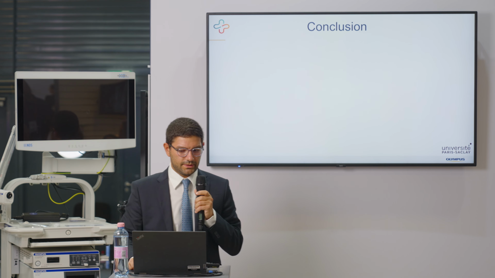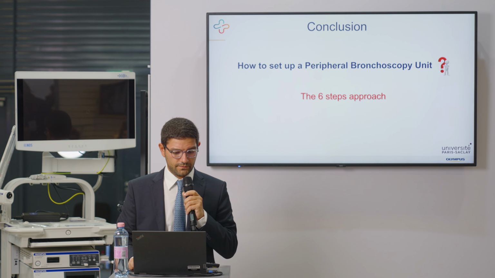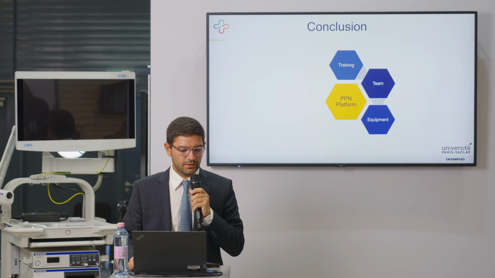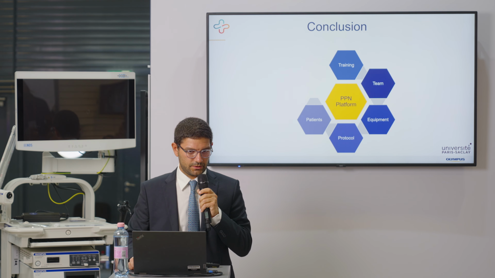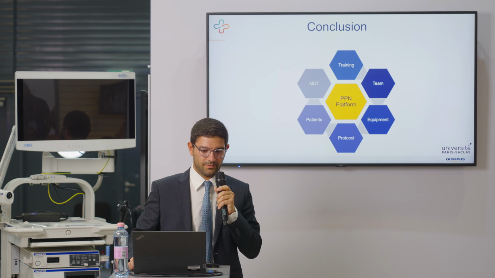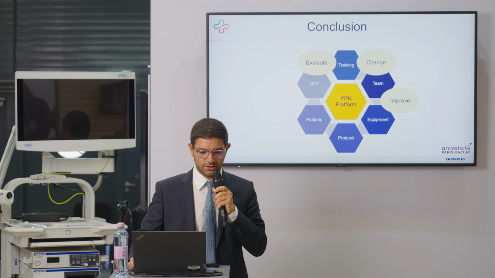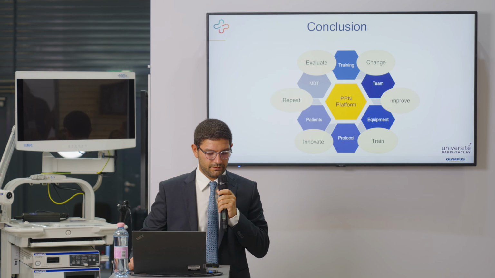So my conclusion on how to set up a peripheral pulmonary nodule service is the 6 steps approach: training, team, equipment, protocol setting. You need patients. You need to discuss them in MDT meeting. And when you're done, you need to evaluate your practice to change, to improve, train others, innovate, and repeat.